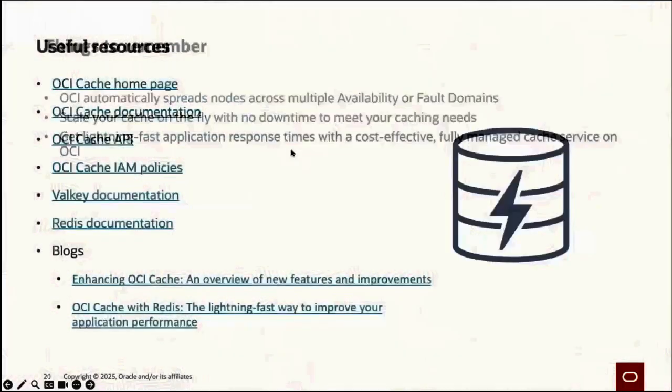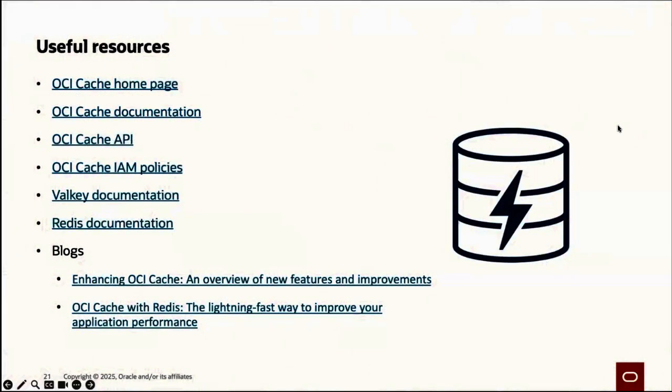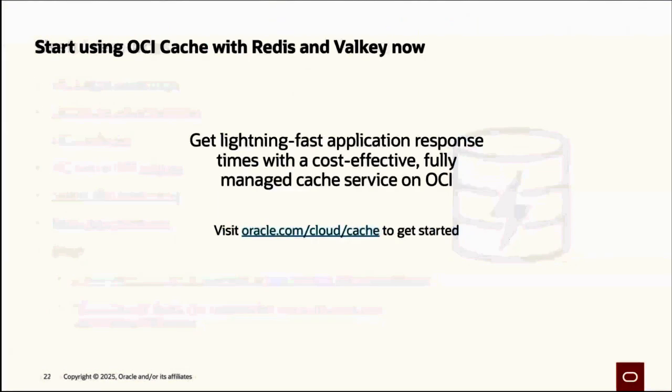With that, here are some resources, and this will be shared, so you will have a link to these resources as well for the service. So just log into your OCI tenancies and get started with using OCI Cache, either with Valkey or with Redis.